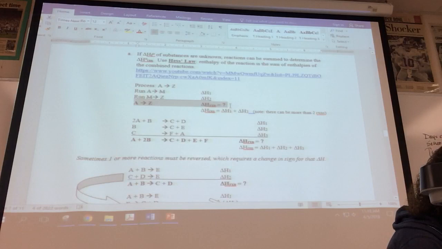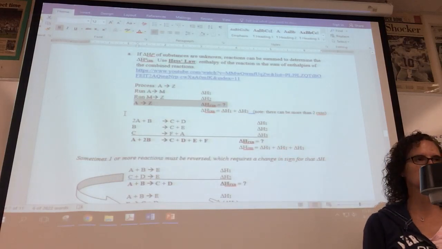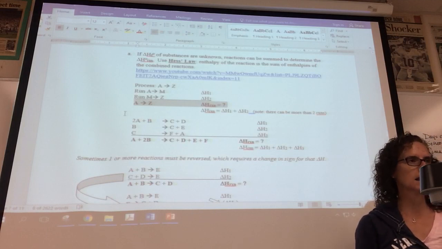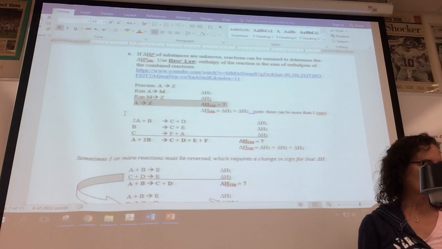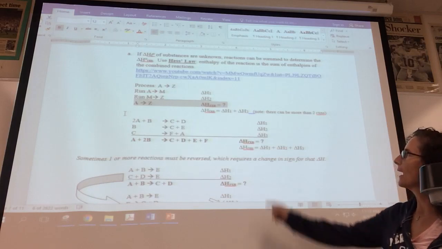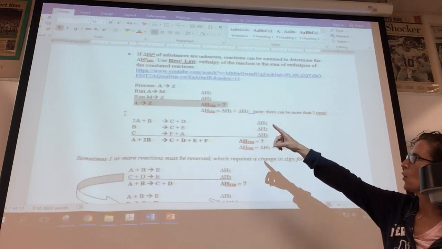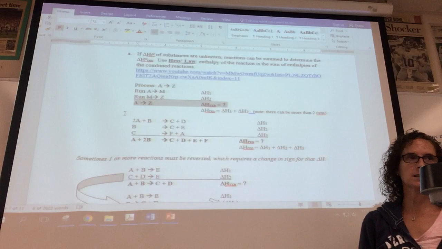I want to figure out the delta H for that reaction from substance A to substance Z. I don't have delta H's of formation for A and or Z, so I can't just do products minus reactants. However, I do have delta H's for the process from A to M and then M to Z.